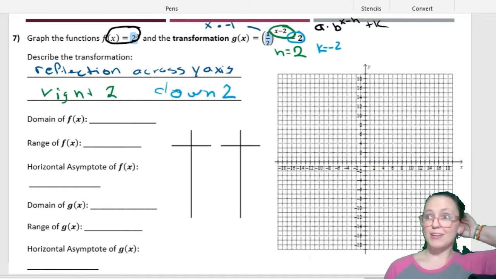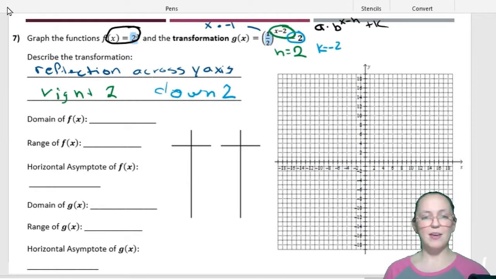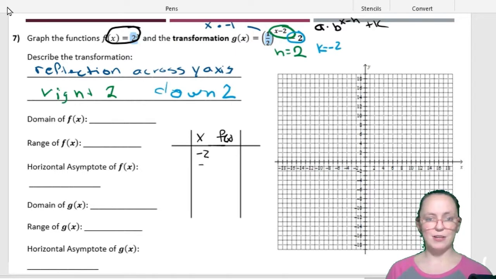So let's go ahead and get working on this and see what it's going to look like. We're going to have our x and our f of x values here. Our parent function isn't changing. We're going to have our -2, -1, 0, 1, and 2. To get our f of x values, 2 to the x gives 1/4, 1/2, 1, 2, and 4.